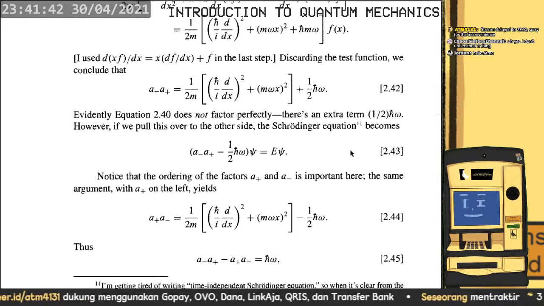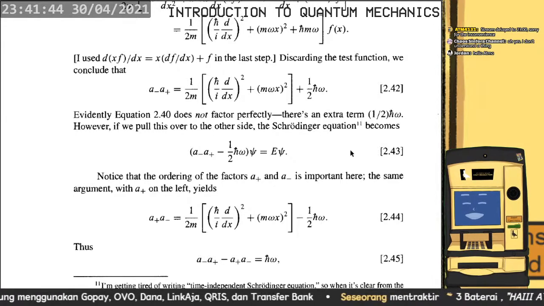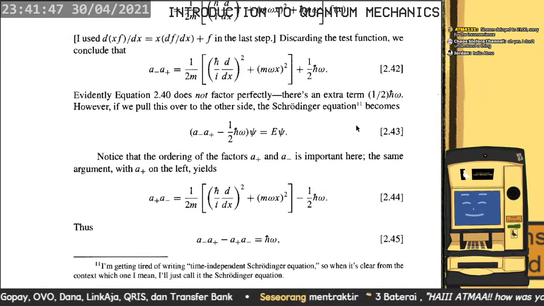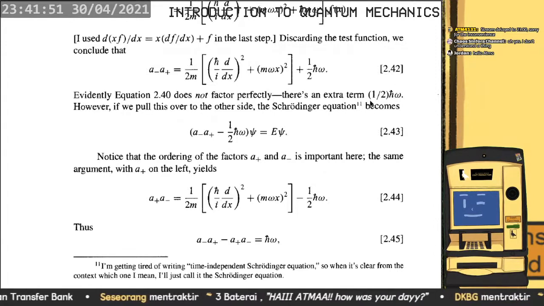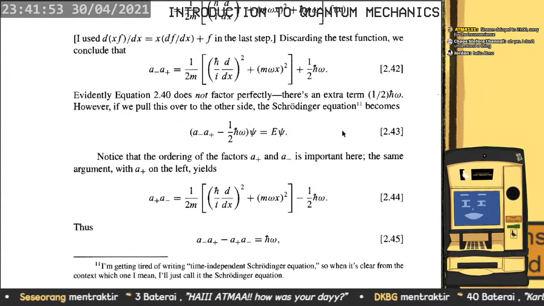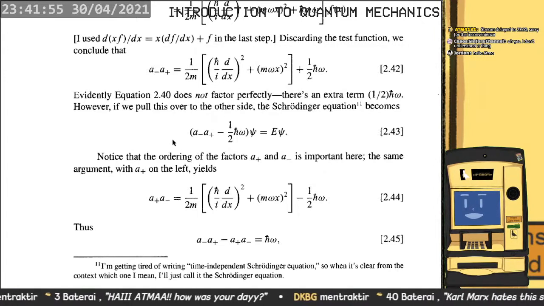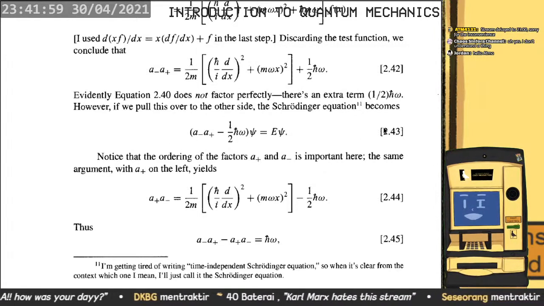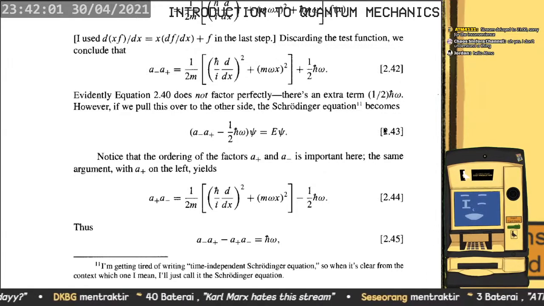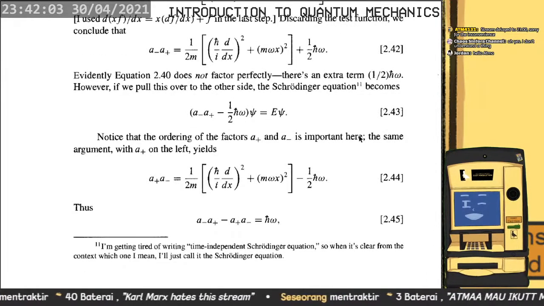Evidently, equation 2.4 does not factor perfectly. That's an extra term. However, if we pull this over to the other side, the Schrödinger equation becomes like this. Notice that the ordering of the factors A plus and A minus is important here. The same argument with A plus on the left yields this.